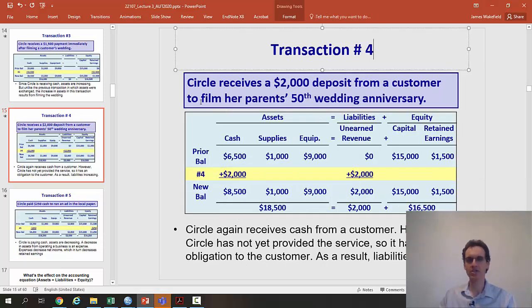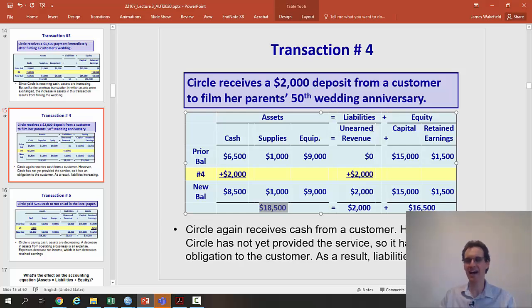Let's have a look at transaction 4. Transaction 4 says Circle receives a $2,000 deposit from a customer to film her parents' 50th wedding anniversary. So how does this affect the equation? Well, the first thing obviously that happens is that cash is increased by $2,000 because the business has received now $2,000 in cash. So that pushes the asset side up to $18,500.